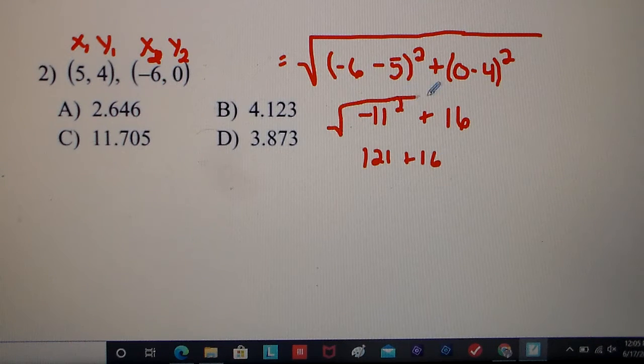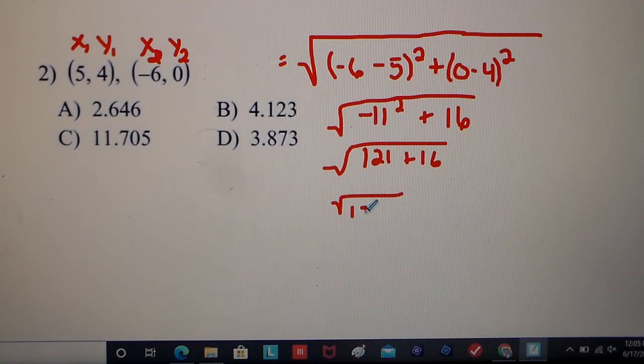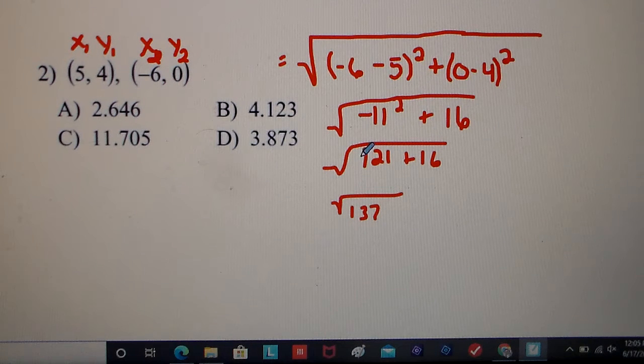This is all in the square root. So we got the square root of 137. And then we got to put that into the calculator. So the square root of 137 gets you 11.705. So it'd be C.